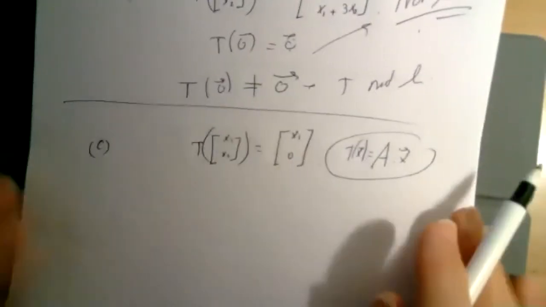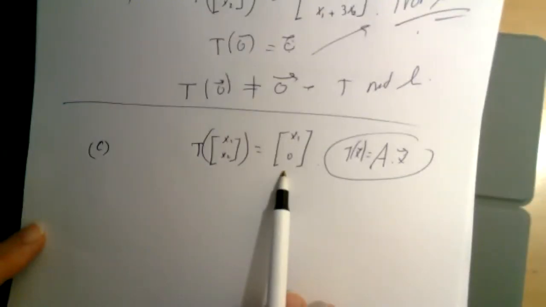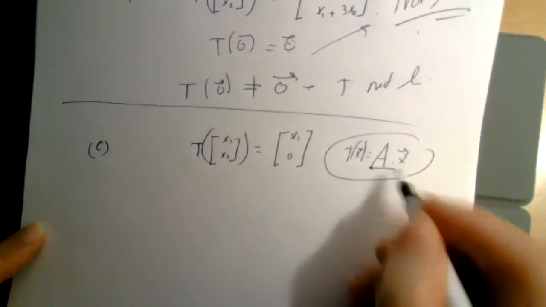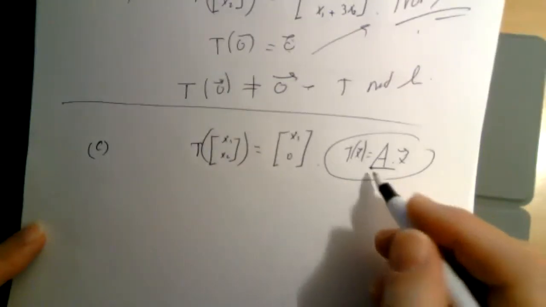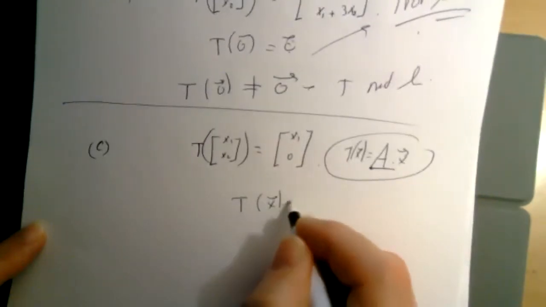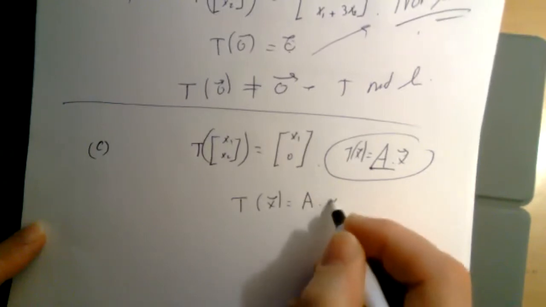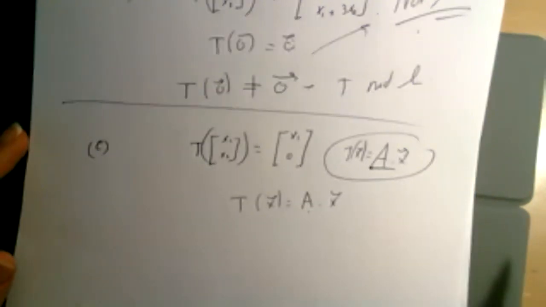The easiest way for us in this particular class to show that T is linear is to find the matrix that gives us T of x equals A times x. If we can write the transformation as a matrix times x, where A has constant entries, then automatically we can deduce it is linear.